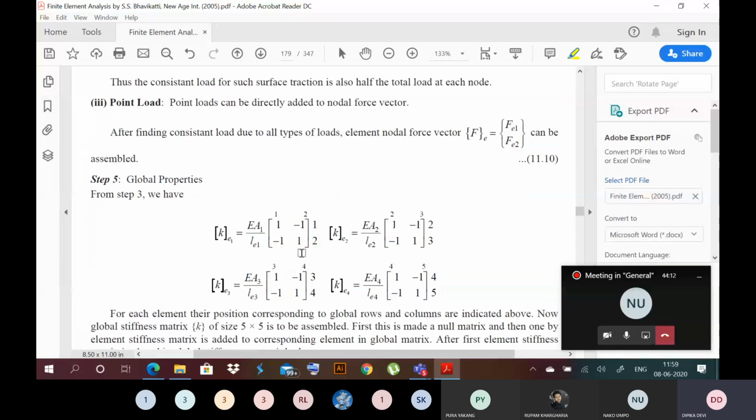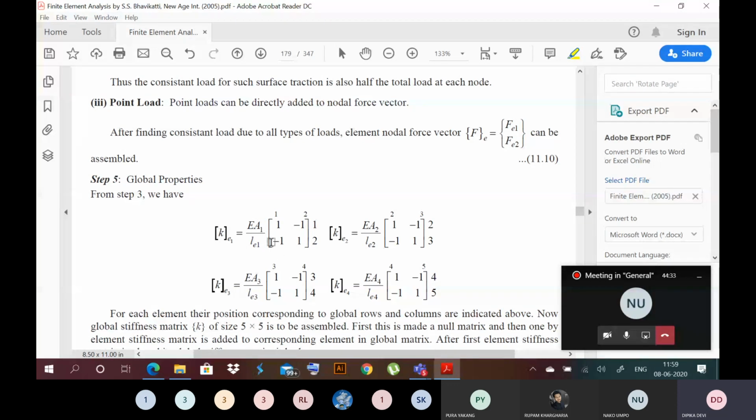Okay. Now, next we have to write the element stiffness matrix for each and every element. Here we have written the stiffness matrix for element 1, element 2, element 3, and element 4. Here they have shown where these elements will go in the global stiffness matrix.